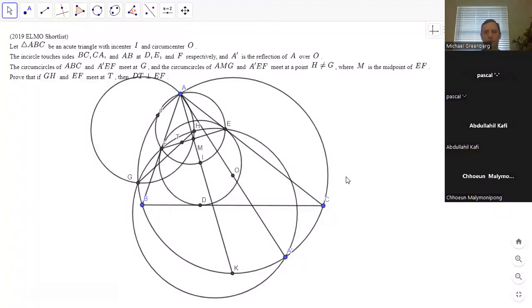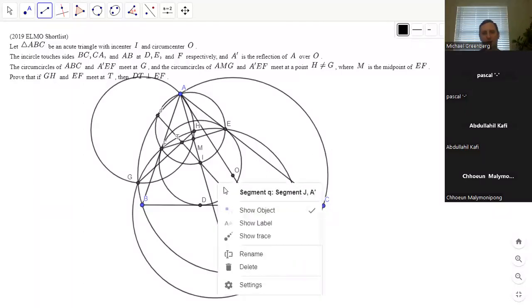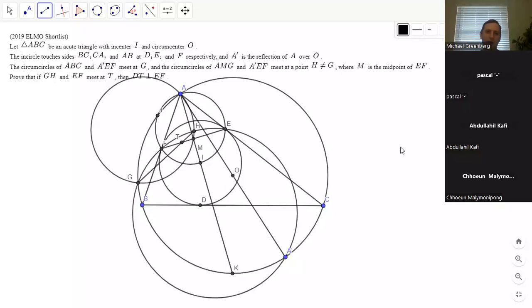So a lot of different equivalent ways of looking at it. All right.